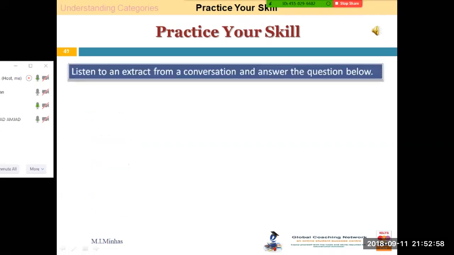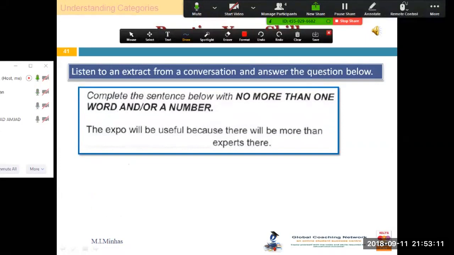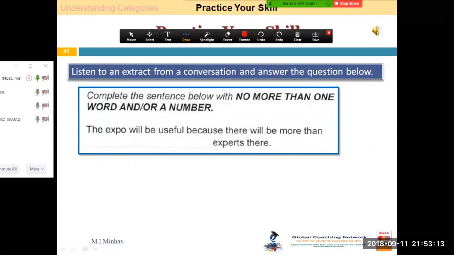Now listen to an extract from a conversation and answer the question below. Complete the sentence below. Now this is just a test of your understanding of the word limit that is given to you: no more than one word and a number, or just one word or just one number.